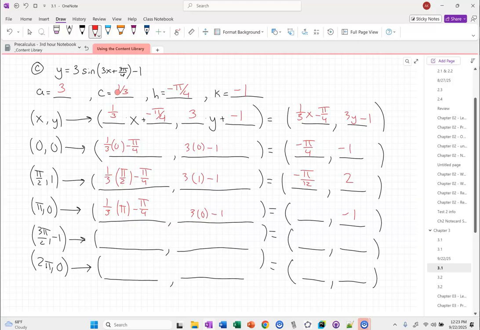One third is 4 12s minus 3 12s, so that's 1 12.